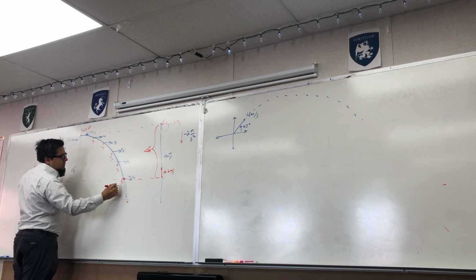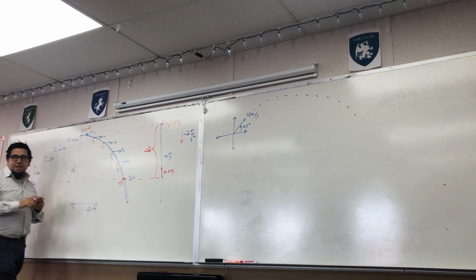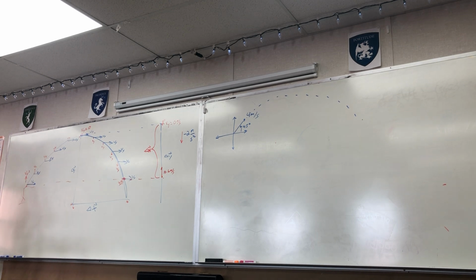So as time goes on, do you have a change in your x velocity? No. Here's your x velocity. As time goes on, do you have a change in the x velocity? No. So that is a 0 change.